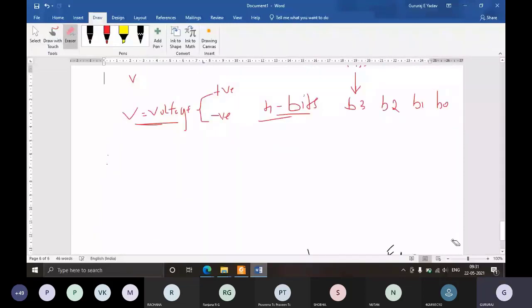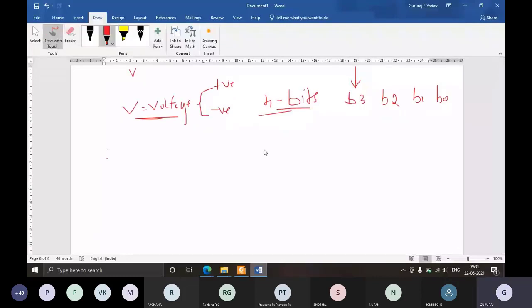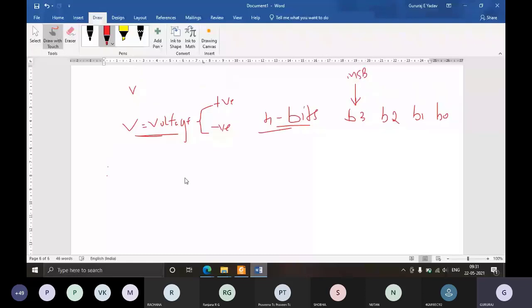With 4 bits, the signed range is usually minus 2 power 4 minus 1, to plus 2 power 4 minus 1, minus 1.